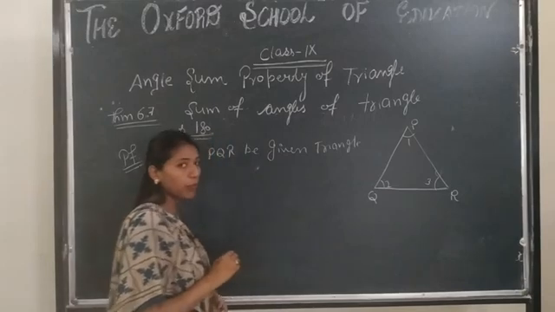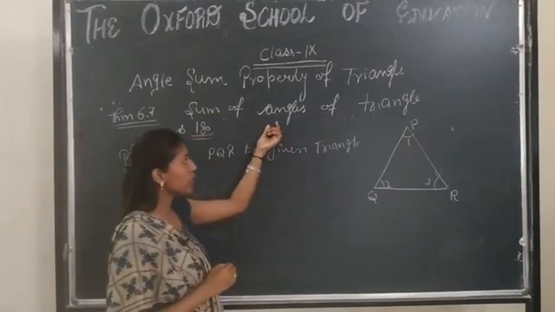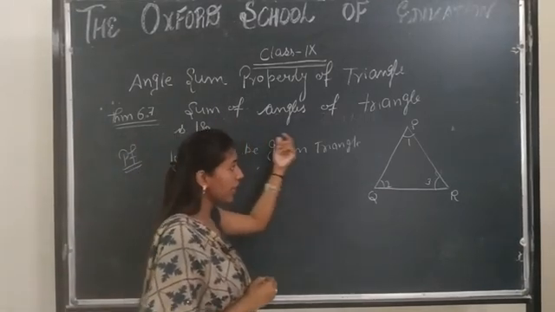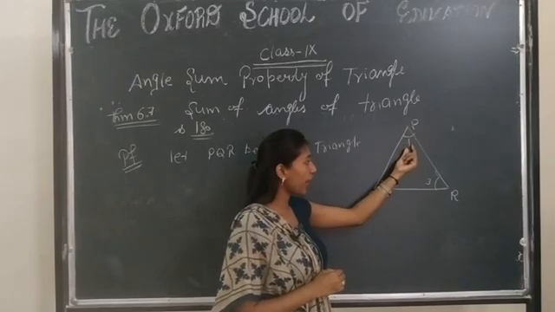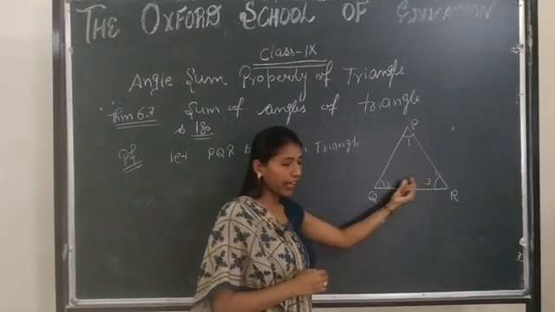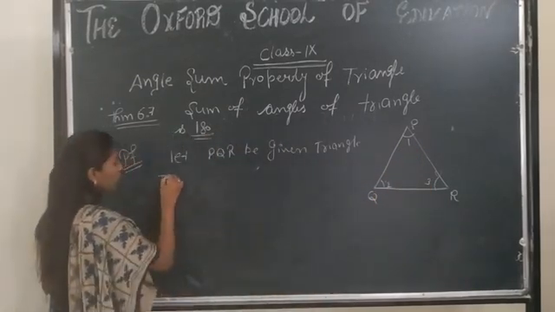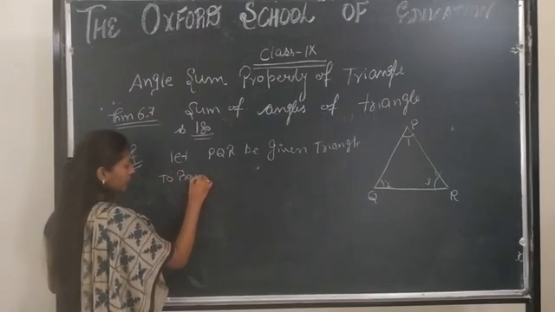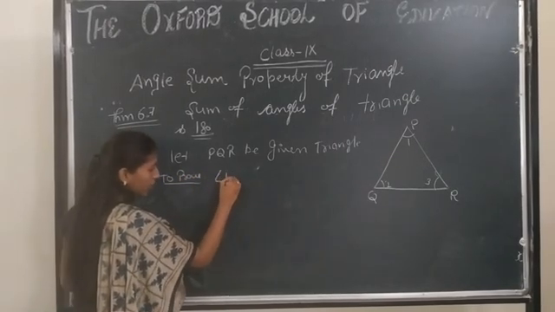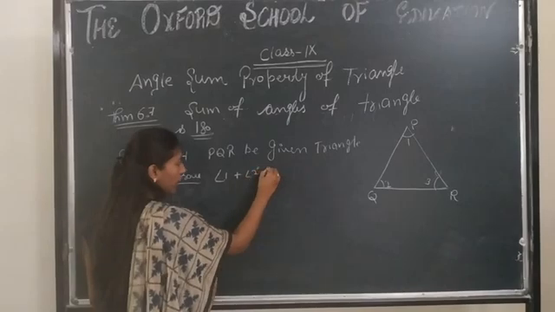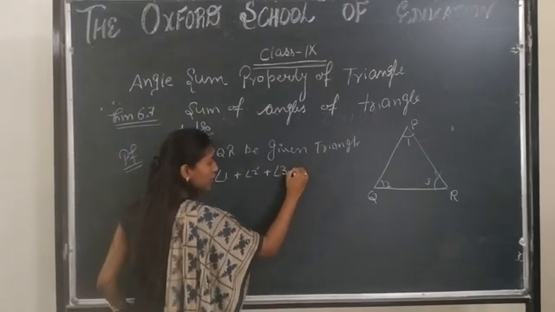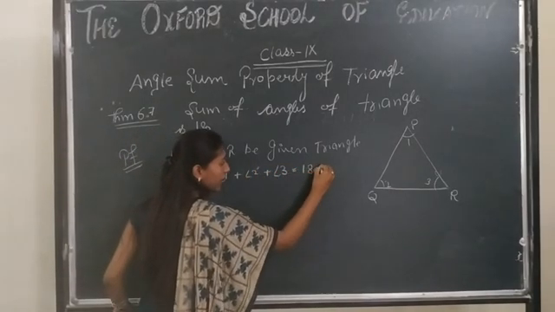So what we have to prove here: sum of angles of triangle is 180 degree. Here three angles are formed, angle 1, angle 2 and angle 3. So we have to prove angle 1 plus angle 2 plus angle 3 is equal to 180 degree.